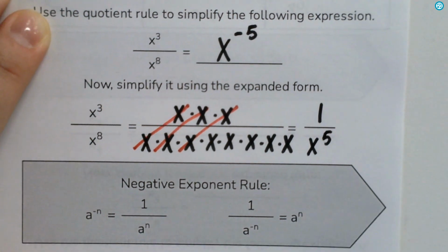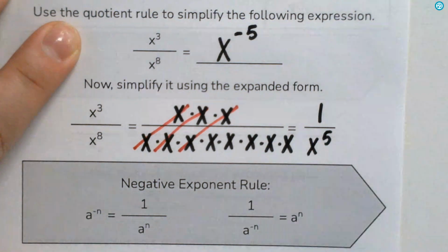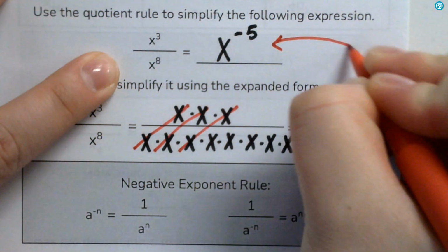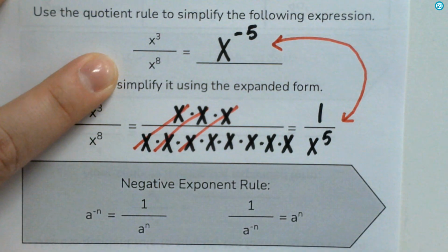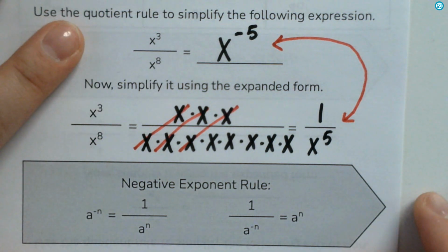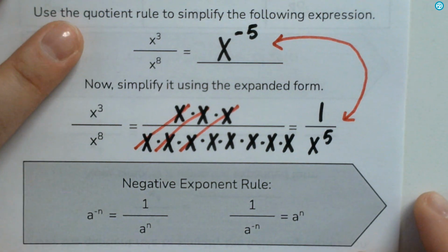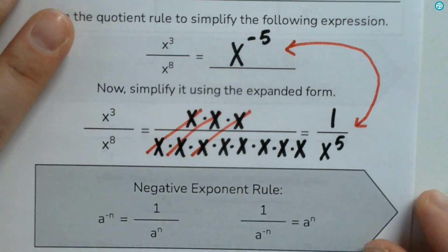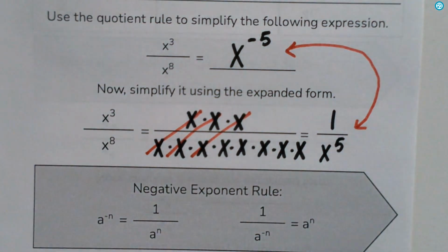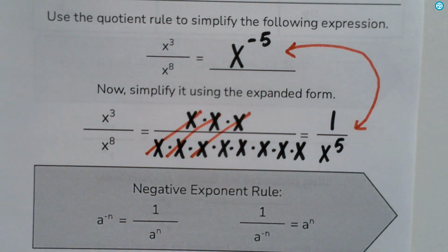So the purpose of this example was for you guys to see that x to the negative 5th and 1 over x to the 5th are the same thing. Those are equal to each other. So if you have a negative exponent, and it's in the top of a fraction, or if it's not a fraction, you can move it down to the bottom of a fraction.